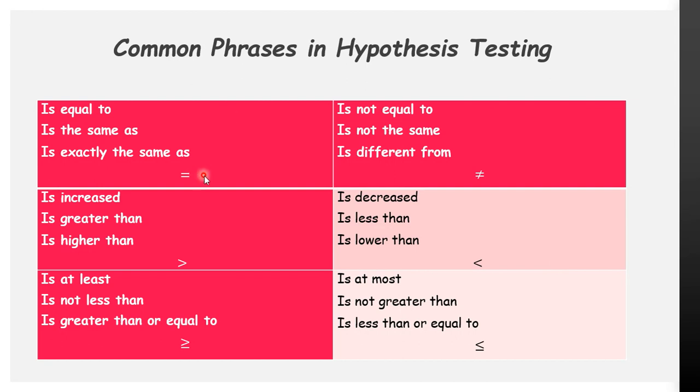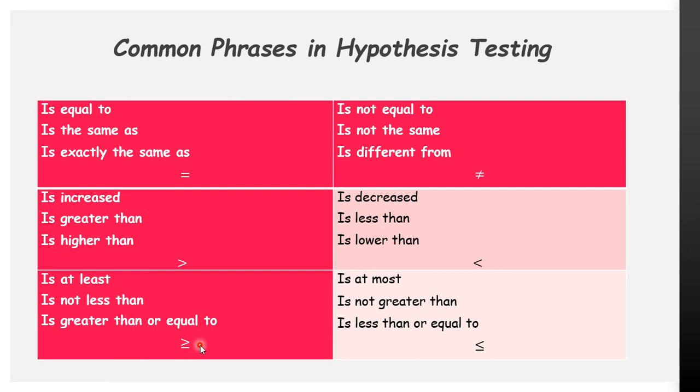Just like here, we have equal, and here are the common phrases that we can use for the equal sign: equal to, the same as, exactly the same as. For the not equal sign, we have not equal to, not the same, different from. For greater than, we have increased, greater than, higher than. For the less than sign, decreased, less than, lower than.